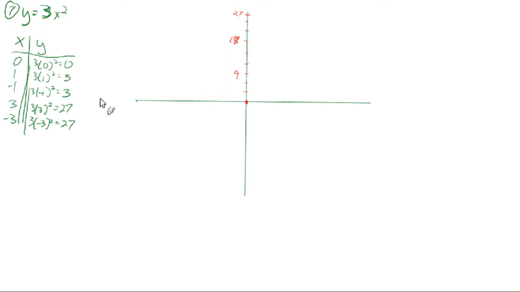That'll help us out. So 1, 3. And -1, 3. So 1 and -1, 3. And 3, comma 27. So we are getting big really fast. We're getting really large values for not much of a move over in the x direction.